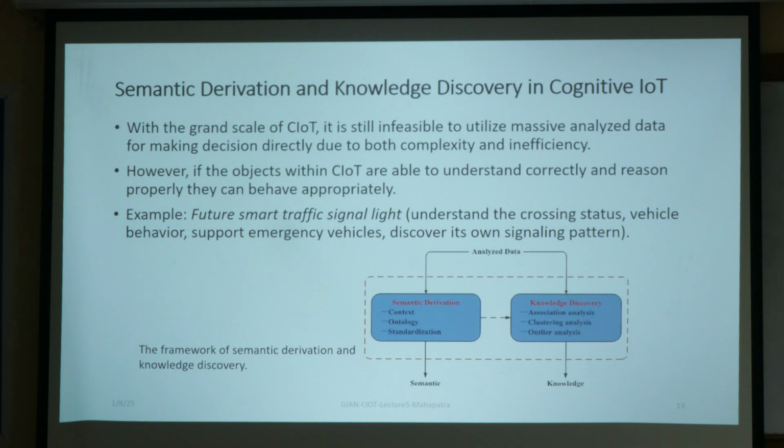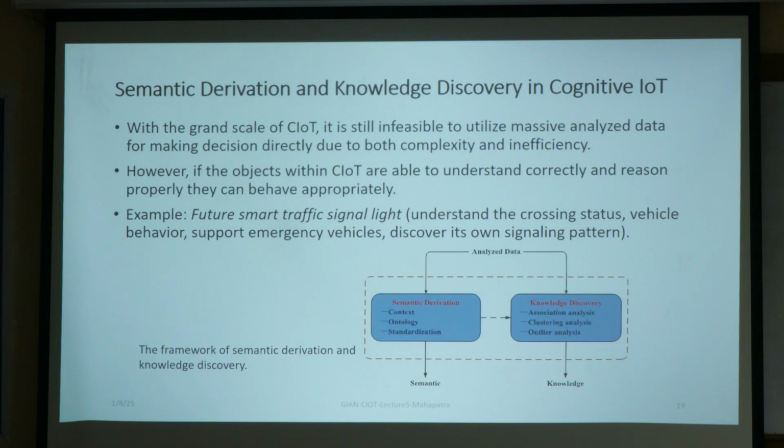Now, if you remember the second layer, the semantic derivation and knowledge discovery layer, what happens? Since we are getting a large scale of data, it is still infeasible to utilize such a huge amount of data and analyze it straightforwardly.